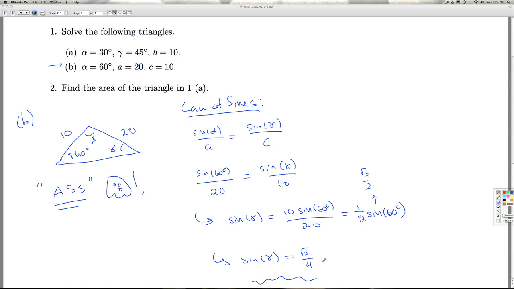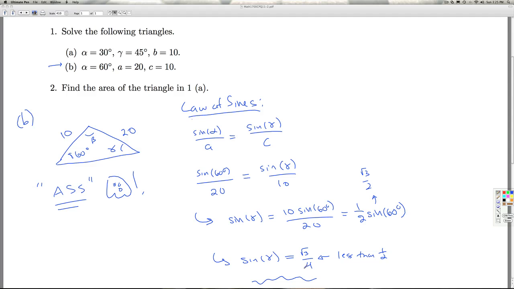And this is where the ambiguity slips in. It's possible when you go through this arithmetic, you could get a number here that's bigger than 1. If I had a number that was bigger than 1, that would tell me that there'd be no solution or no triangle. Radical 3 over 4, if I want to approximate this, radical 3 is like 1.7-ish over 4. So this is less than 1/2, and so certainly there is at least one angle that satisfies that.